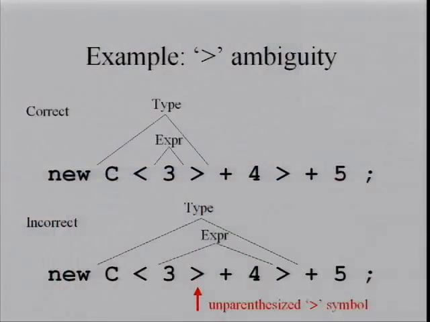So if you crack open the C++ standard, you'll find buried somewhere in chapter 14 a little sentence that says, if you see an unparenthesized greater than symbol, that is, not inside a parenthesized expression, as the argument to a template, then that's not okay. So the intent of the standard is that you essentially terminate the argument as soon as you can, so you don't think of unparenthesized greater thans as being the greater than operator.